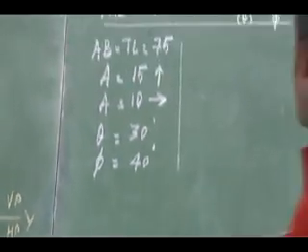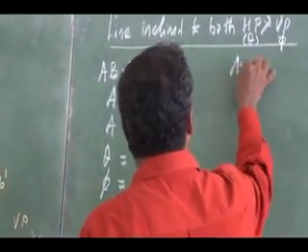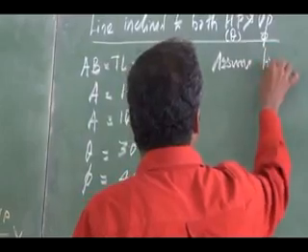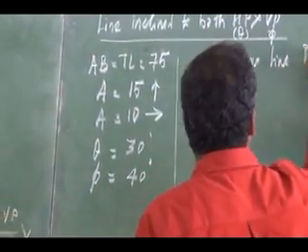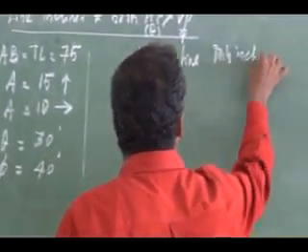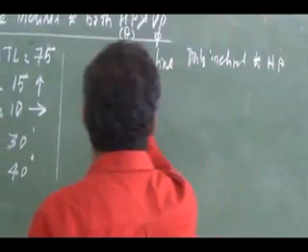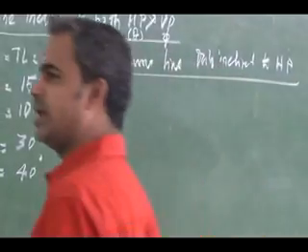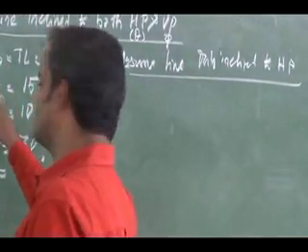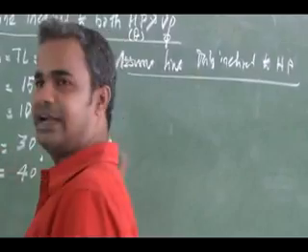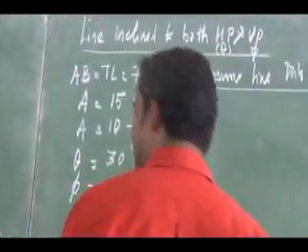So first, assume the line is only inclined to HP. Only inclined to HP means I need this true length and this data. Using that I can draw it.